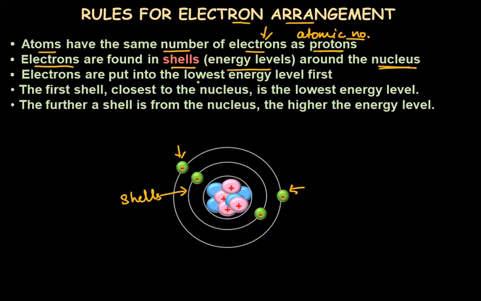Now electrons are put into the lowest energy level first. What is the lowest energy level? The first shell, which is closest to the nucleus, has the lowest energy.